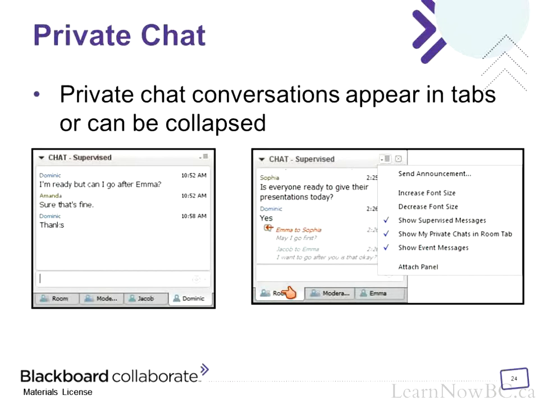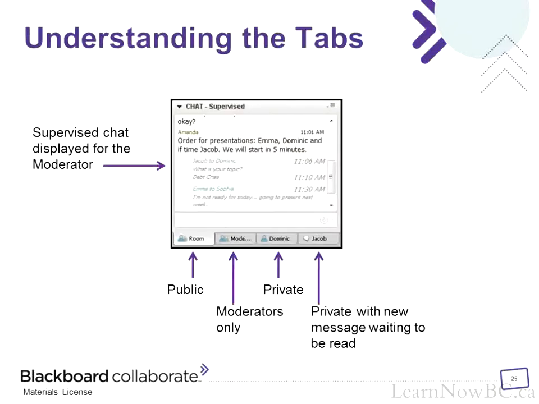You always want to remember to go back to Room tab. Okay? So if you guys are on a different tab right now, you may want to make sure you're on Room tab if you ask me a question. Now, I'm going to repeat, the only thing that is picked up in the recording is public chatting. All of the private chatting is not captured in the recording.